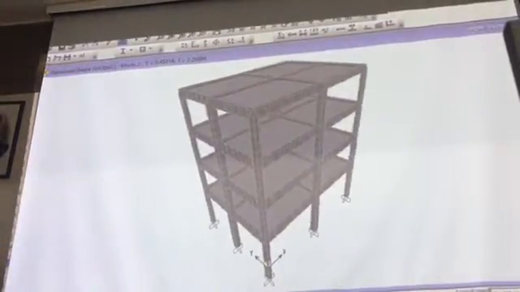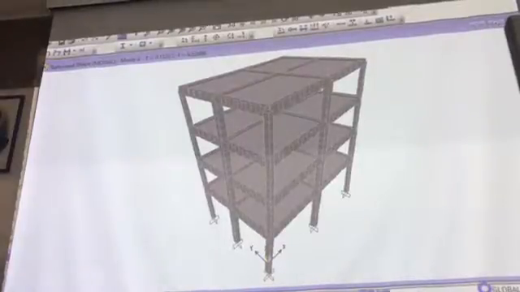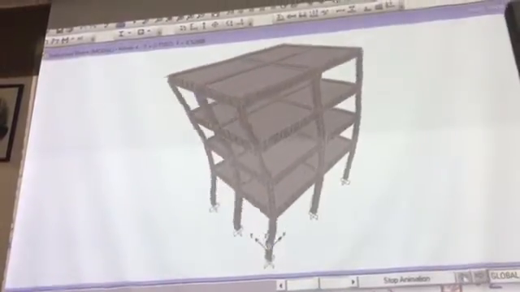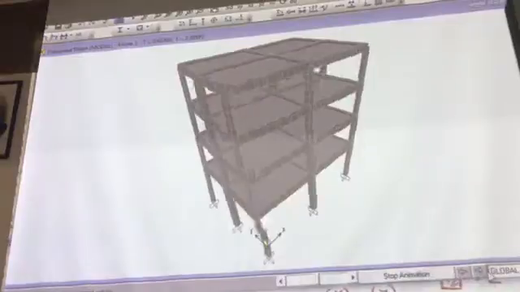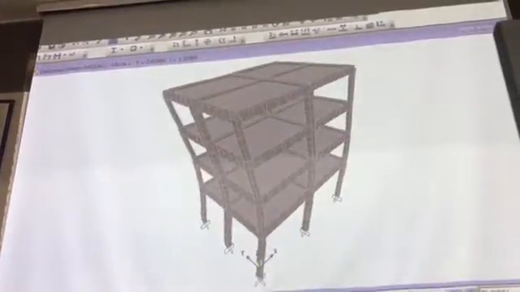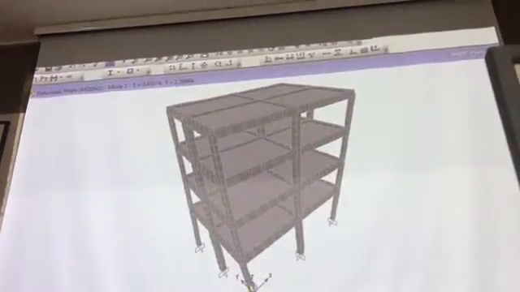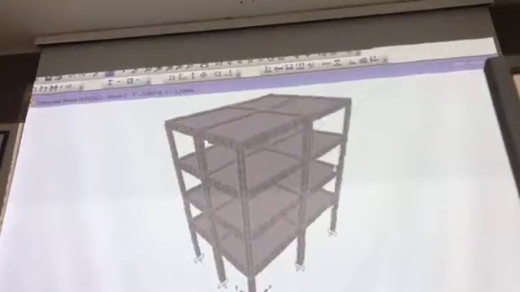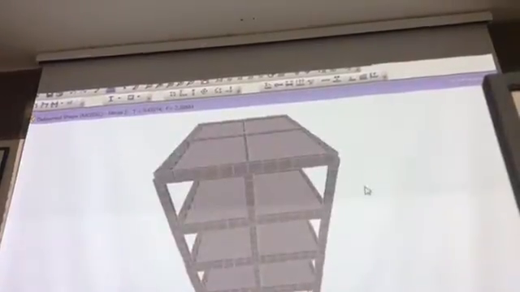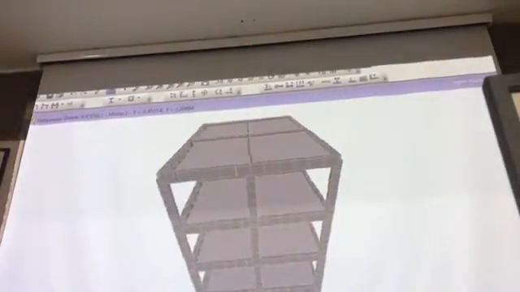And the third mode will be in Y direction. This is the second mode in Y direction.